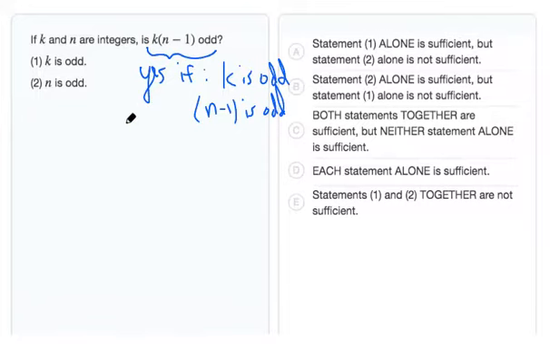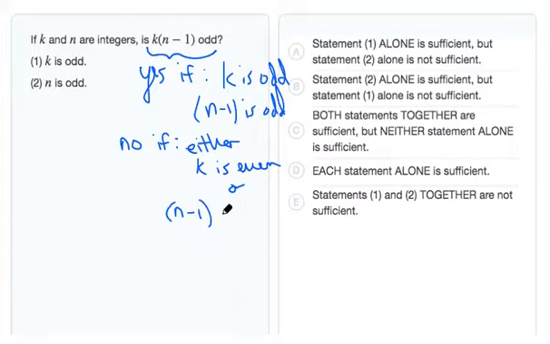For the product to be even, so the answer to the question could be no, if either we know that k is even, or we know that n minus 1 is even. So if we can definitively conclude one set of these, we would be able to answer the question definitively. Now with that, let's take a look at statement 1.